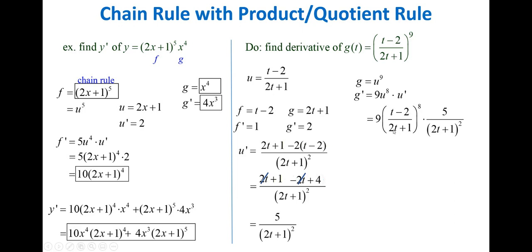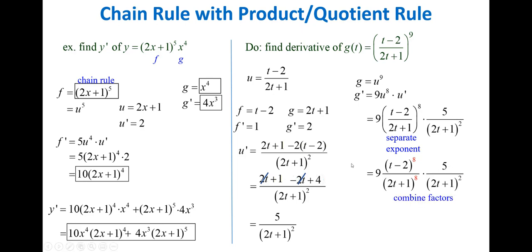I see that I have 2t plus 1 here, and I have it here. So I'm going to break out this exponent. I'm going to separate it and apply it separately to the numerator and denominator. This will become 9, and then t minus 2 to the 8th over 2t plus 1 to the 8th. I'll rewrite this, 5 over 2t plus 1 squared.